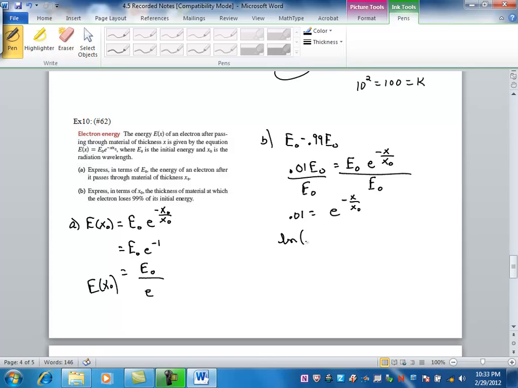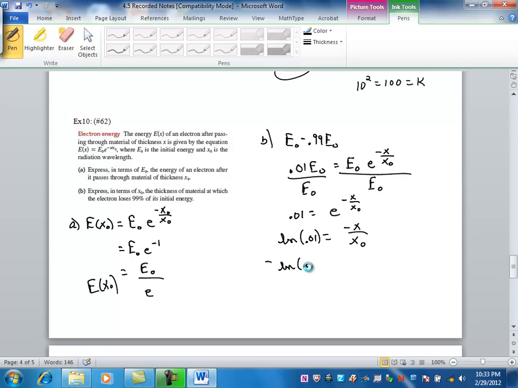We need to take the natural log of both sides here. And remember, we're about to show what fraction of the original we had. And so we're going to divide both sides by negative x sub naught. Actually, I'm going to multiply both sides by a negative.